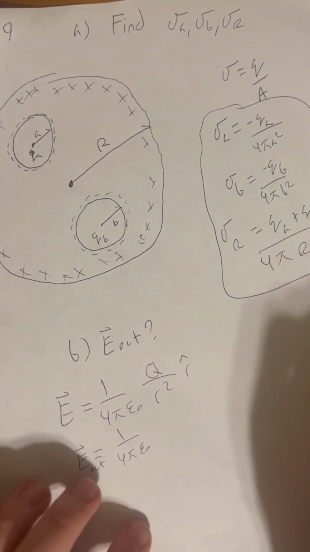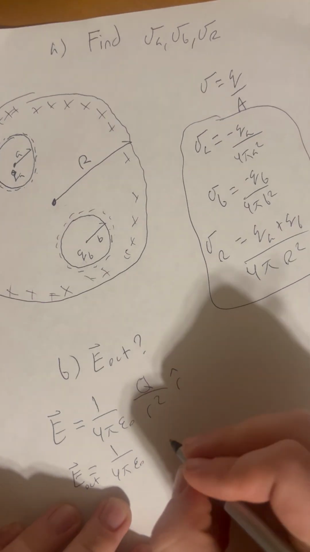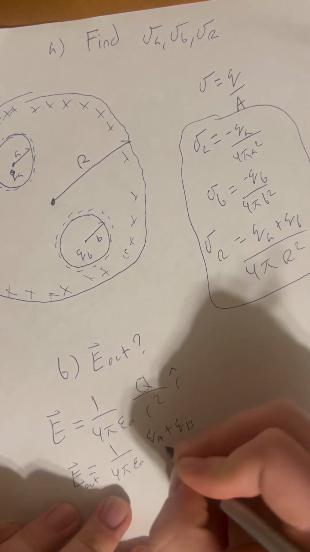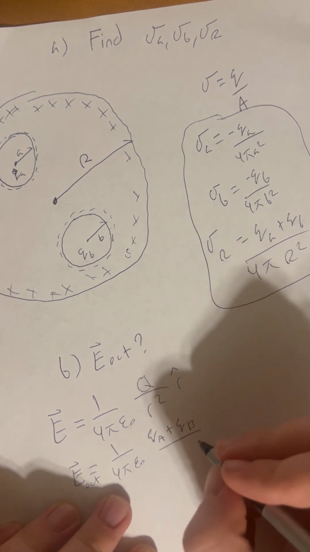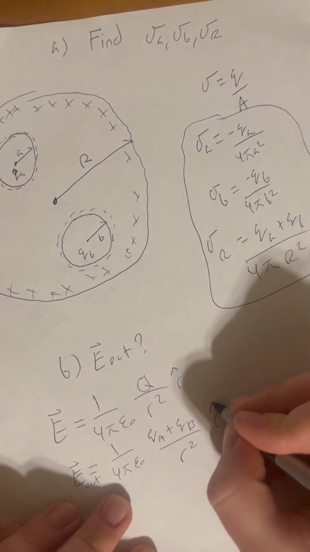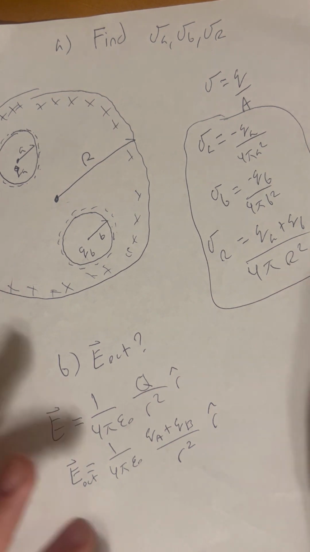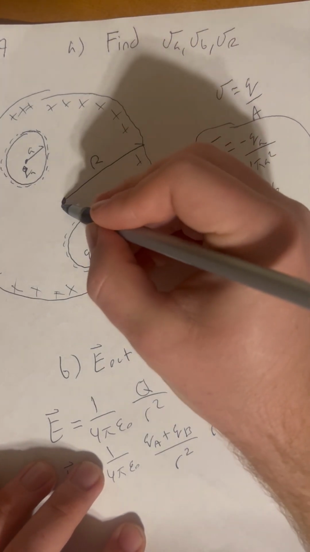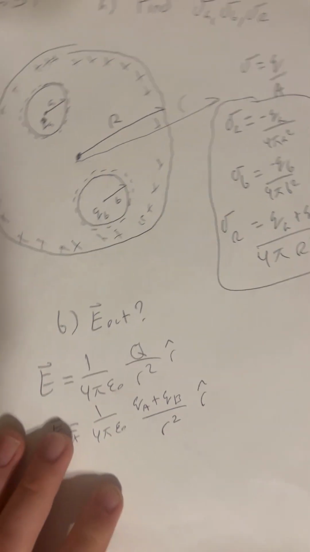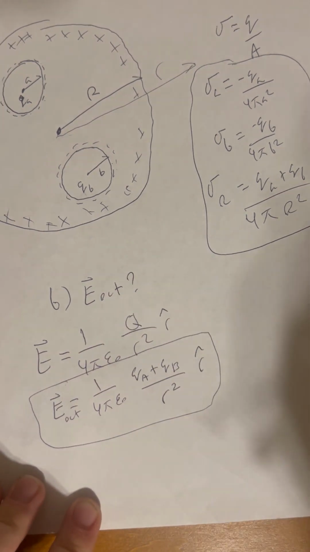And what would the charge be? Just like we found for sigma R, the charge would be QA plus QB, over radius little r squared in the r hat direction. Why am I using little r instead of big R? Because it's outside, so we could say little r would go like this. Let me box that up. And that does it for part B.